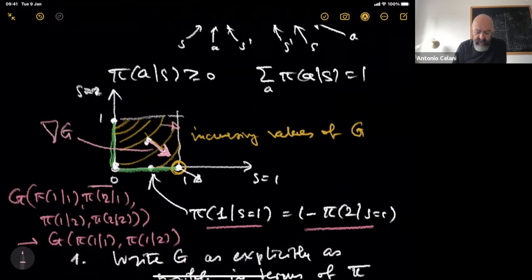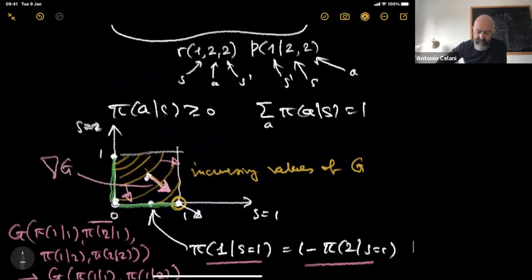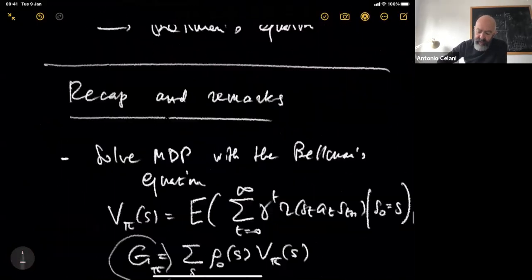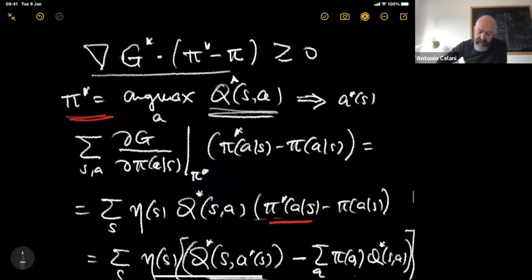So here it's going to go like this in general. So the gradient depends on the policy, and the way it depends on the policy is through the value function and the occupation time, eta.